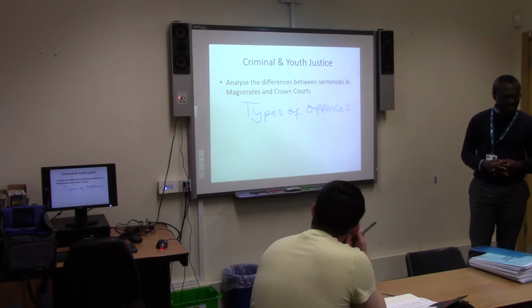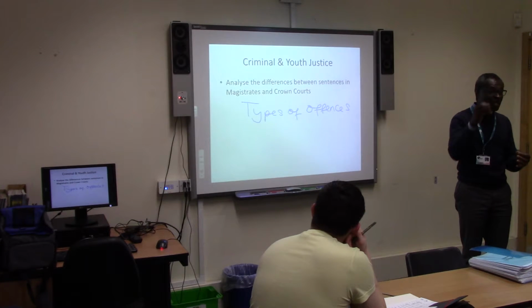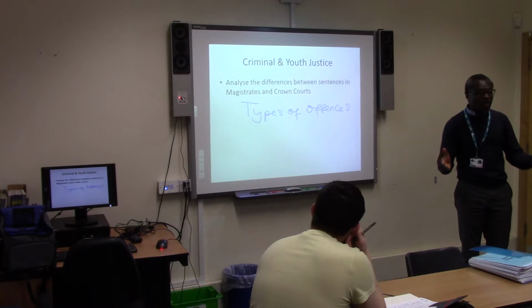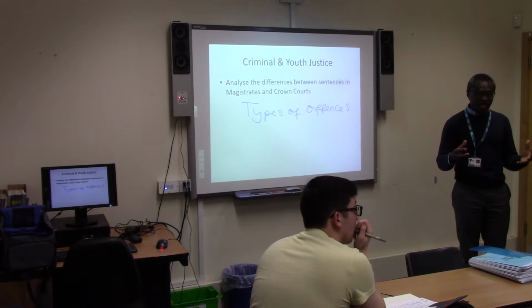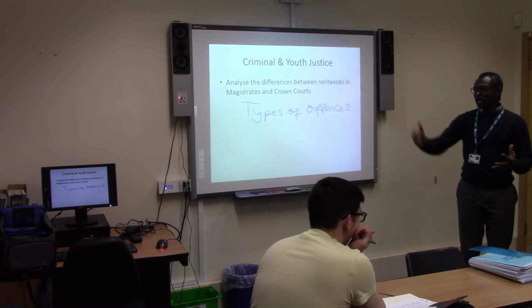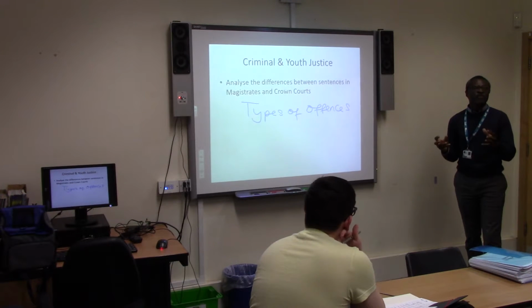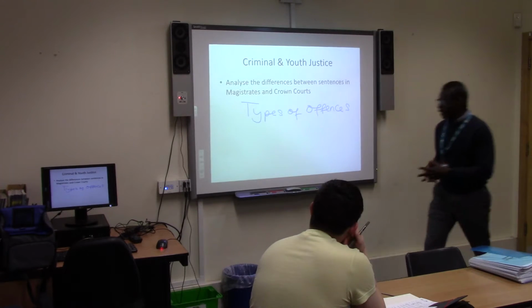So give clear examples of cases dealt with solely by the magistrates' courts, and examples of cases dealt with initially by the magistrates' court which subsequently move up to the Crown Court. You have to give the reason why the magistrates will not be able to deal with a particular case, and that reason has to be clear.